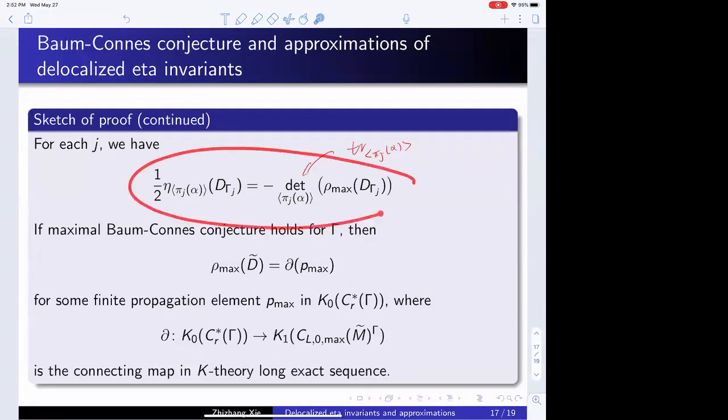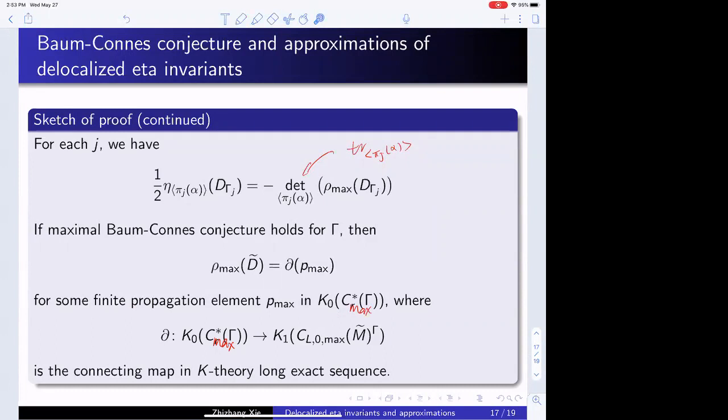So first you have this. Now suppose the maximal Baum-Connes conjecture holds for Γ. Here is where the maximal Baum-Connes conjecture enters. Then the maximal rho invariant on the Γ covering space, on M tilde, is the K-theory boundary of some finite propagation element in the maximal Roe algebra. Sorry, I'm supposed to say maximal.